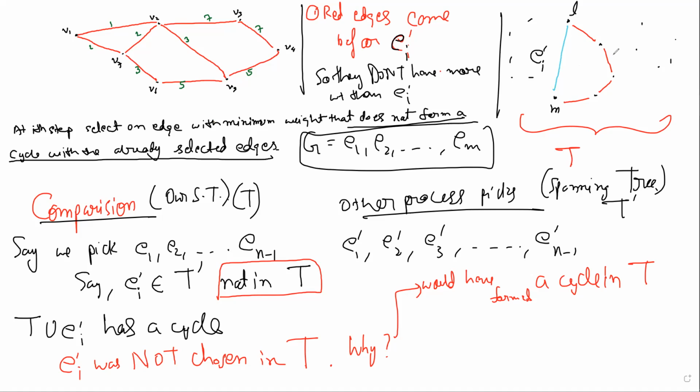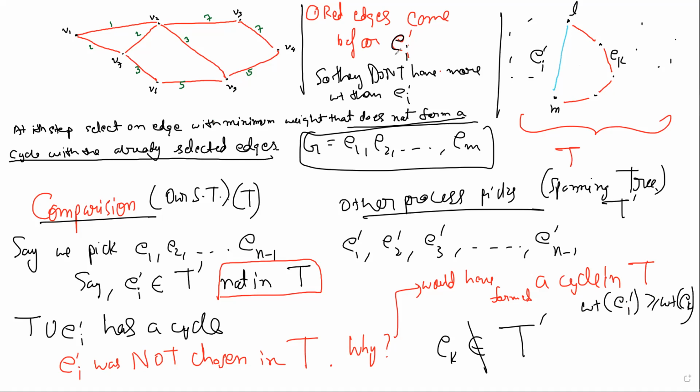Let's say there is an E k such that E k is not in T prime. E k does not have more weight; the weight of E i prime is at least the weight of E k. Then what can you do?